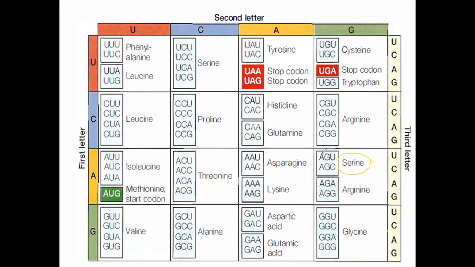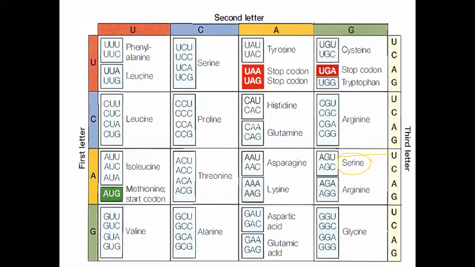It's always good to remember the order of these bases. UCAG is always the order, UCAG at the top, as you can see, and then in each column UCAG. So the first letter is A, the second letter is G, and the third letter is U. And so these would code for serine.